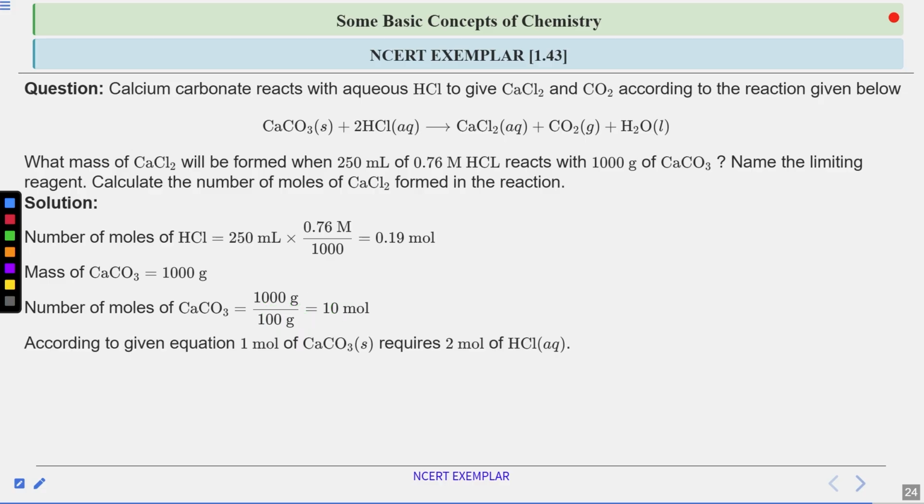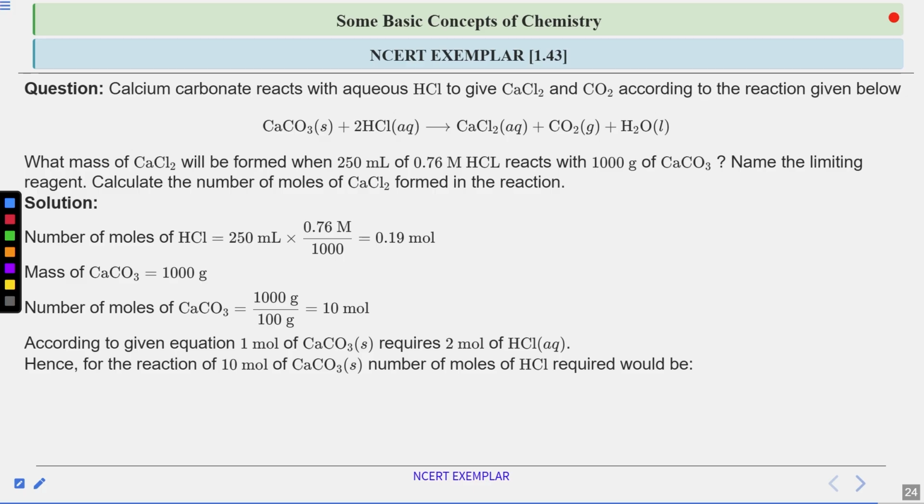The next thing is to analyze this equation. According to this equation, listen carefully, 1 mole of calcium carbonate requires 2 moles of HCl. Isn't it? It is given in the equation very clearly that 1 mole of calcium carbonate requires 2 moles of hydrochloric acid. Now, what can we say further?